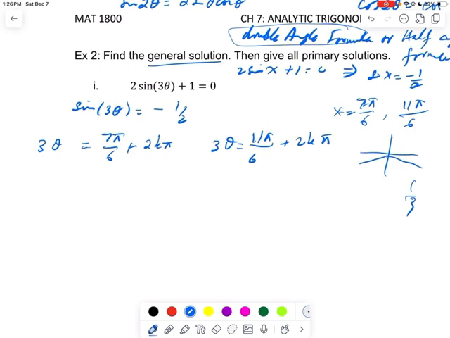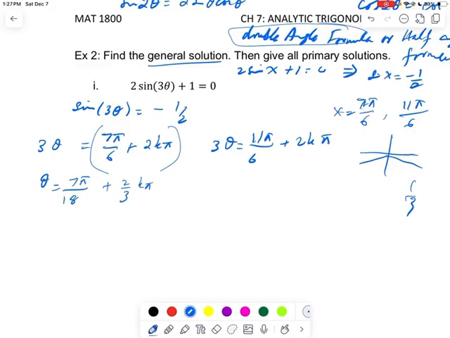When I do that, on the left hand side I just get theta, and then this whole thing will be multiplied by 1 over 3, which will give me 7 pi over 18 plus 2 over 3 k pi, or 2k pi over 3.